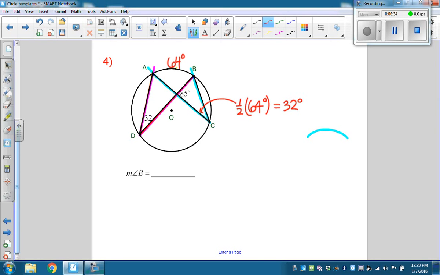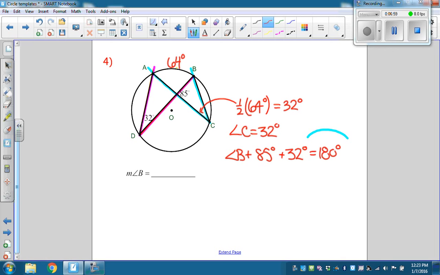So angle C equals 32 degrees. And therefore angle B plus 85 degrees plus 32 degrees has to be 180 degrees, because of the triangle there.